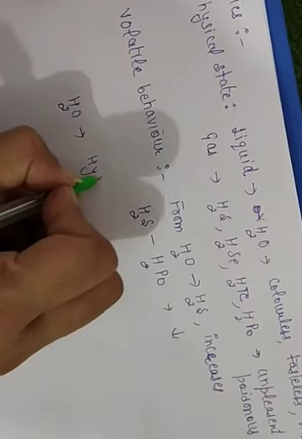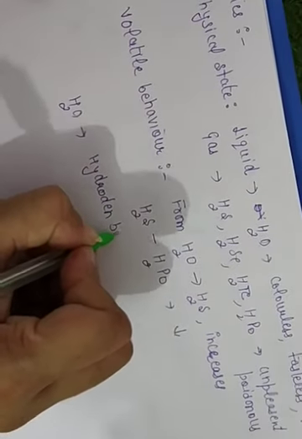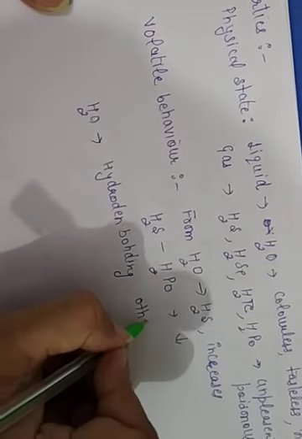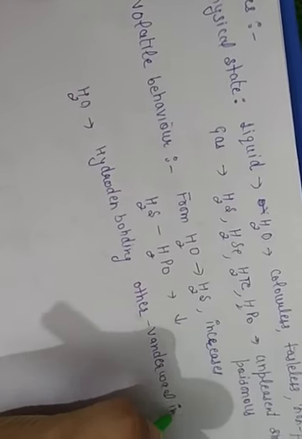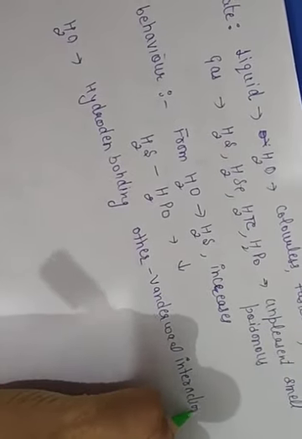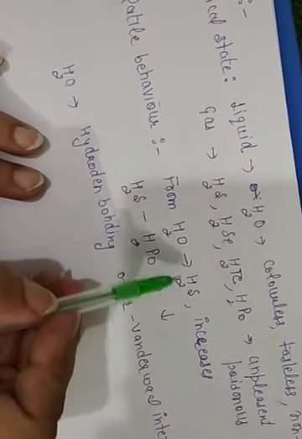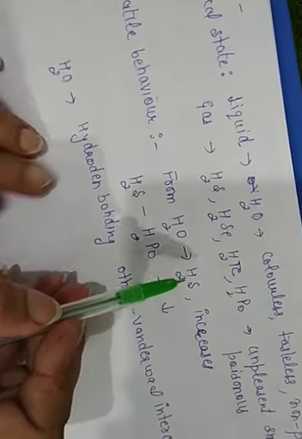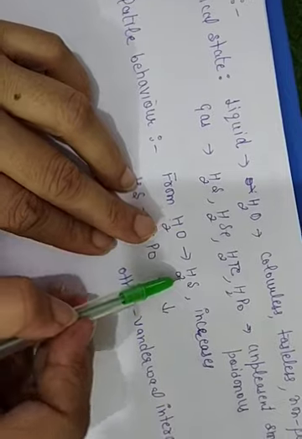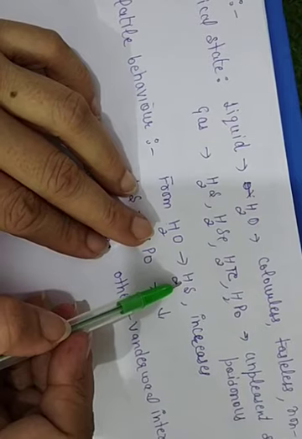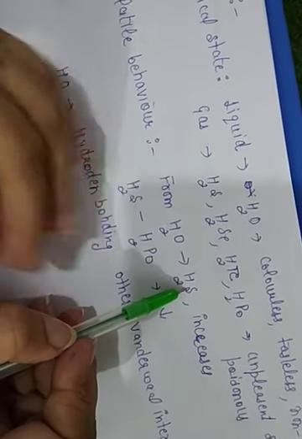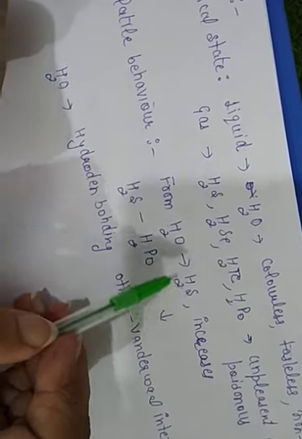H2O has hydrogen bonding, and the others have van der Waals interaction. As we move from H2O to H2S, the interactions are weaker than in water, so it is easy to cleave that interaction. It means H2S easily vaporizes, hence its volatility is more than H2O.